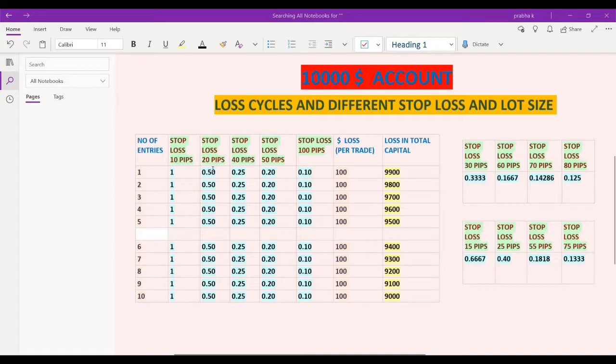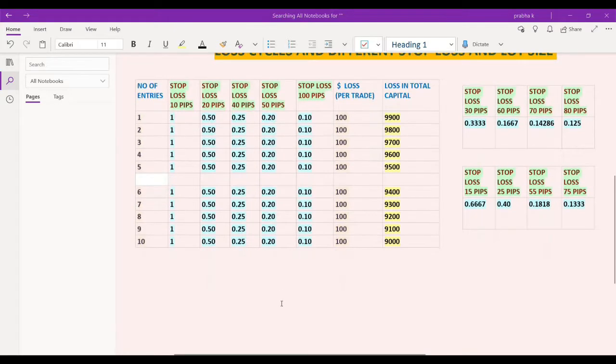If you are trading in 1 pair, one entry, this is the calculation: 0.50 for 20 pips. This is the 1% risk, and the loss will be $100.